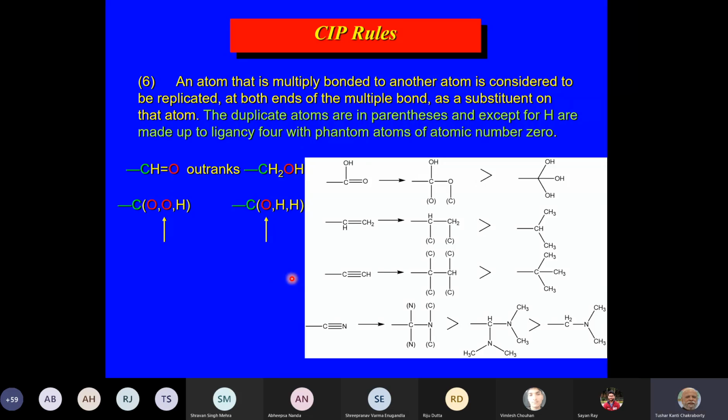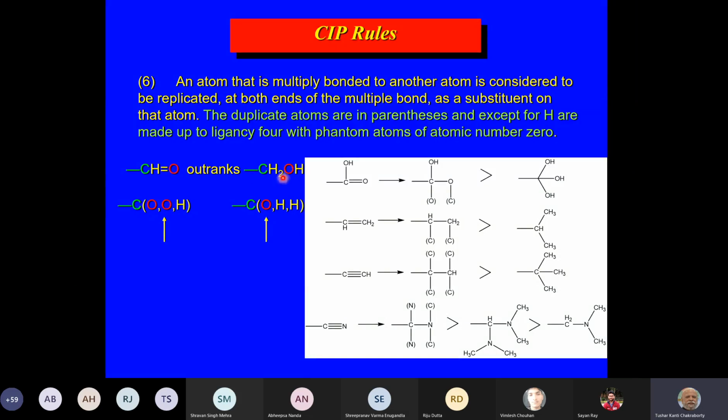And then the sixth rule comes, which is about multiple bonds between two atoms. When you have substituents, for example here you have an aldehyde, and this aldehyde will outrank an alcohol, CH2OH, because when you have a double bond, we put two oxygens as if this carbon is attached to two oxygens. So then I write within the bracket first oxygen, second oxygen, and one hydrogen.